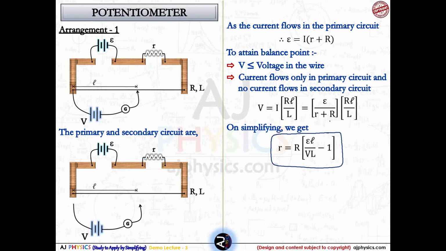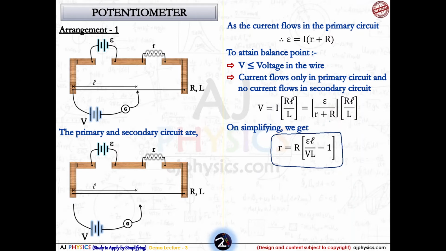But this result will not work if you forget the basics of the potentiometer. This result will only work if you understand the variables, the symbols, and the working of the potentiometer. Then it will become very easy, and this will break up the question in a very simple way to get the answer directly.